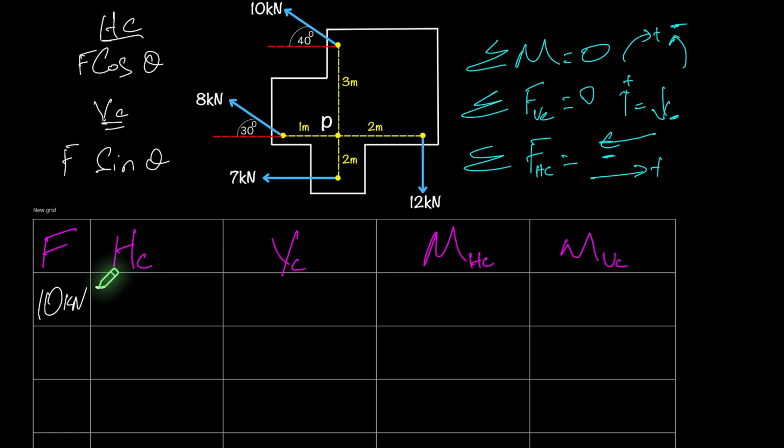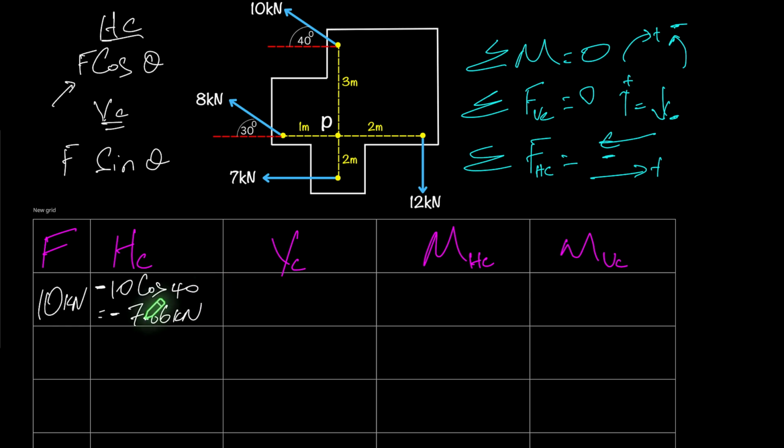And we'll use the structure that we have up here right there. So it's the force, which is 10 kilonewtons, and then cos our angle is 40 degrees. So we have then negative 10 cos 40, and that will give us negative 7.66 kilonewtons.